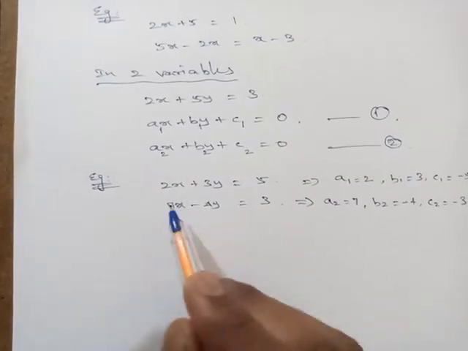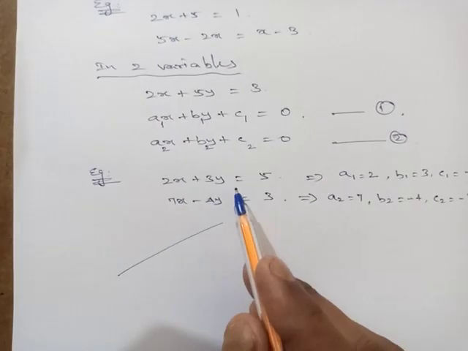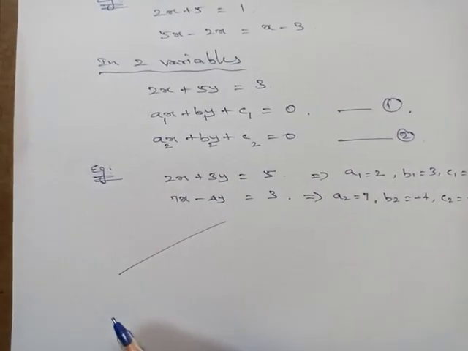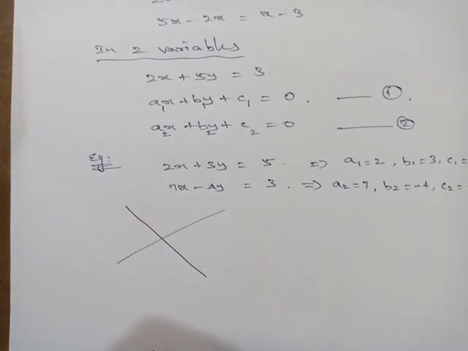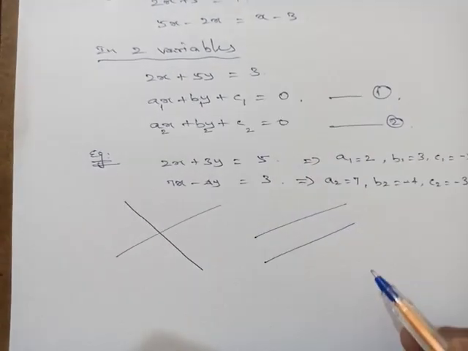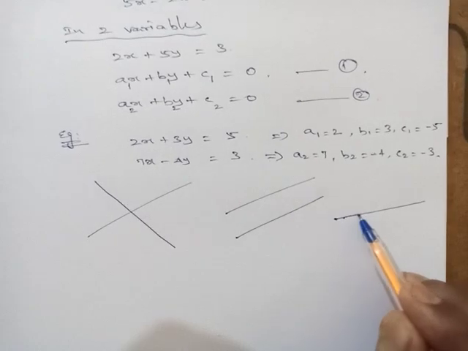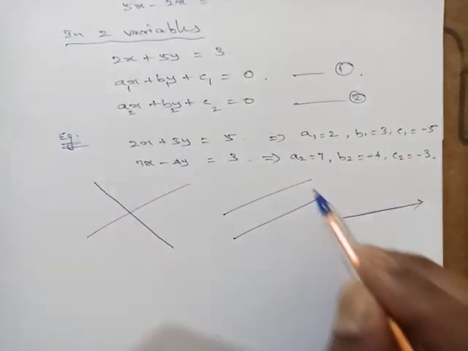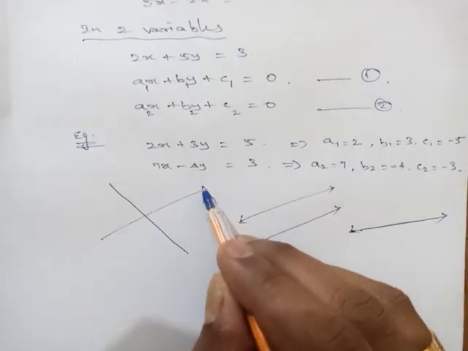If we plot these points in the graph, we will get one line for the first equation and another line for the second equation. The two lines may come like this, or the two lines may go like this, or the two lines lie on the same line, right?